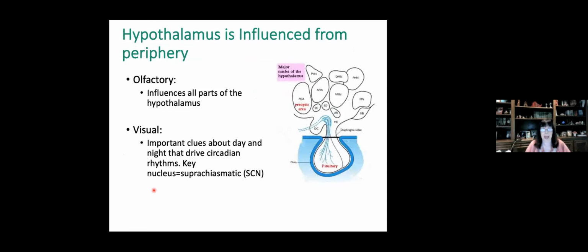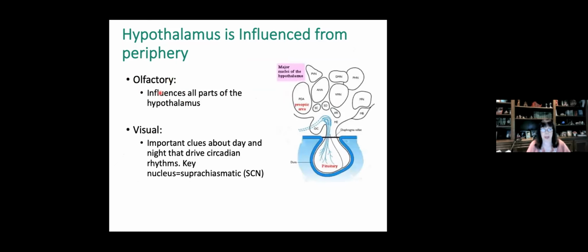As you can imagine, the hypothalamus has to integrate influences from the periphery. And it does. It can't work all by itself. So it gets all kinds of influences. It takes an entire course to talk about all of the inputs to the hypothalamus, so I'm just giving you some of the main ones.